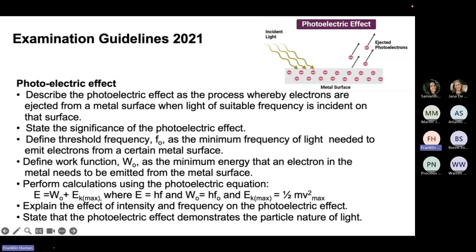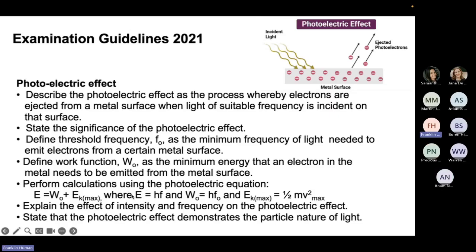You'll remember this equation from your work in grade 10 when we discussed electromagnetic radiation. And work function is equal to Planck's constant, h, multiplied by the threshold frequency f0, and the kinetic energy, or EK max, of an electron as it is emitted from the surface of a metal is equal to half mv squared, which is your normal equation for kinetic energy.